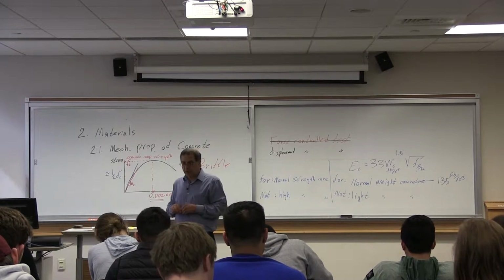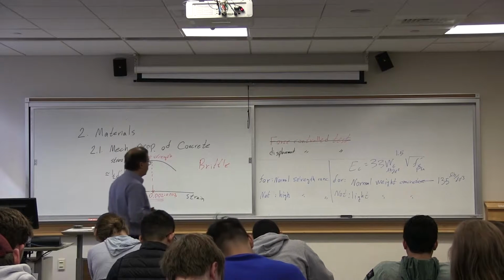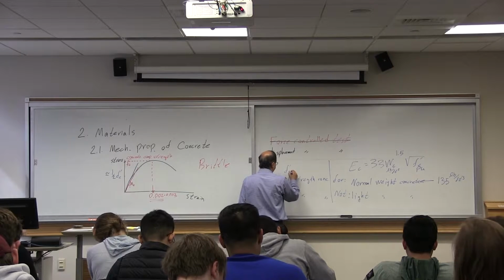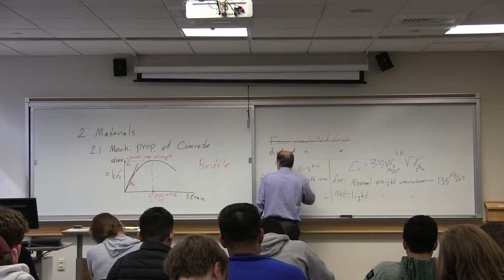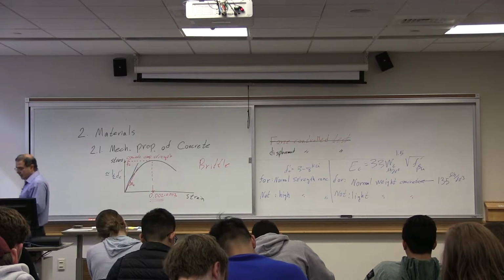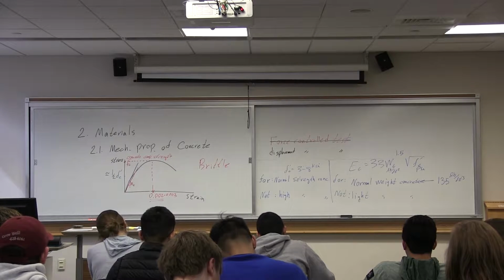Normal strength concrete, usually we consider a concrete that has compressive strength of 3 to 8 ksi. Larger than 8 ksi, we consider high strength concrete.